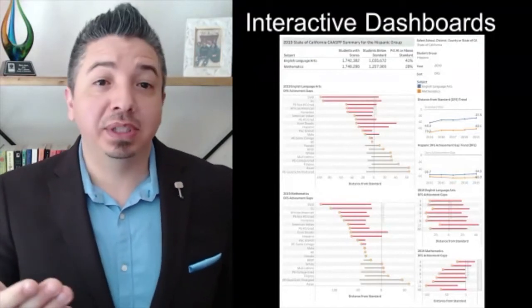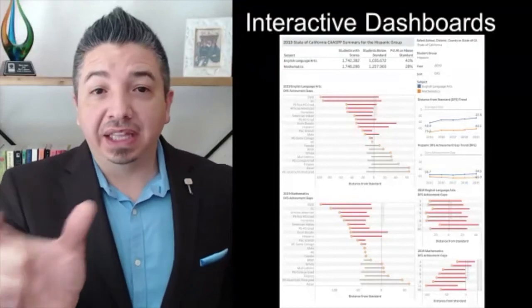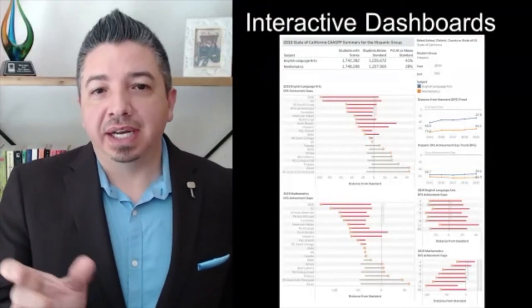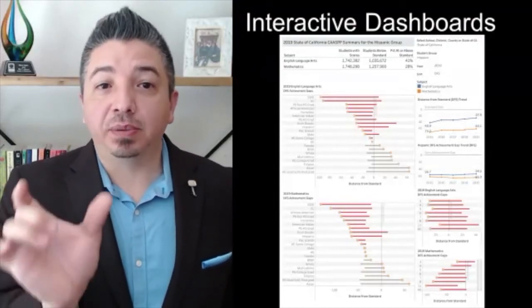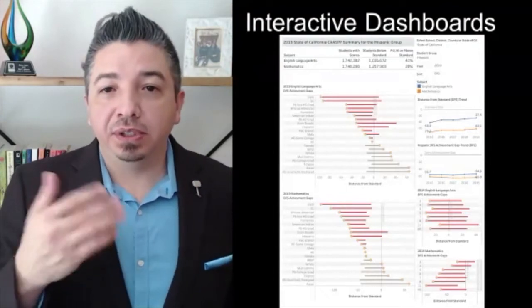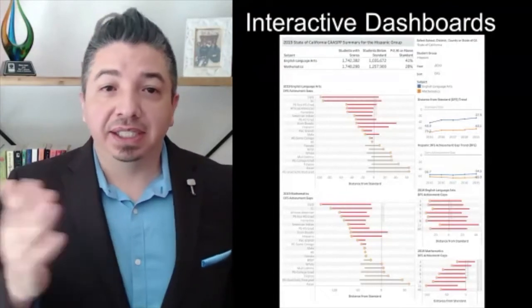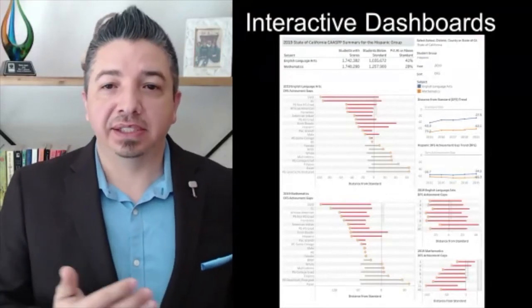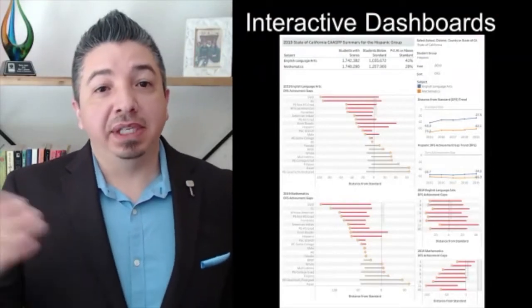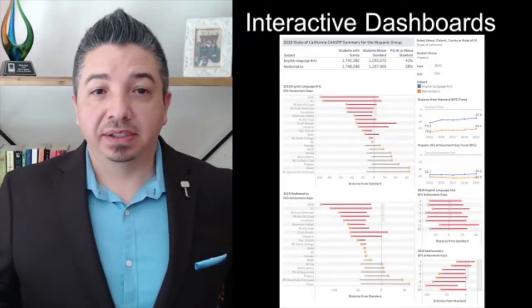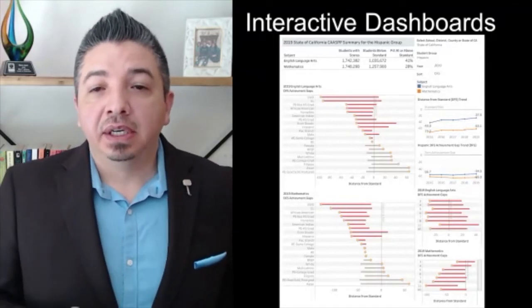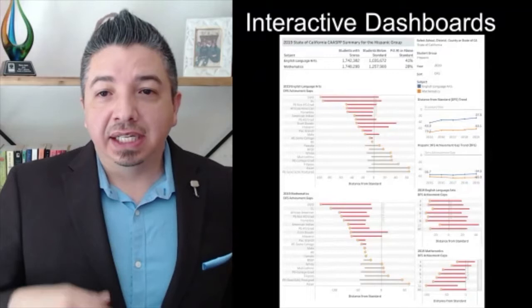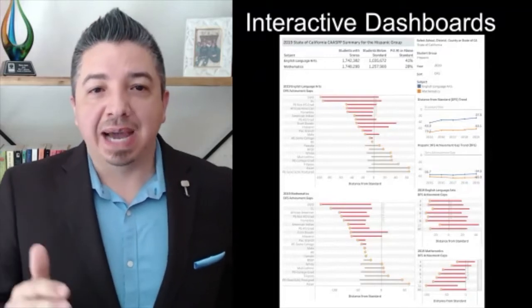So if you're looking at students with disabilities, the length of that bar tells you the gap between them and students without an IEP. The longer that bar, you can see the inequity in the outcomes that's occurring. If the bar is gray, that means it's outperforming its complementary group. So this really tells a story as to what's happening.